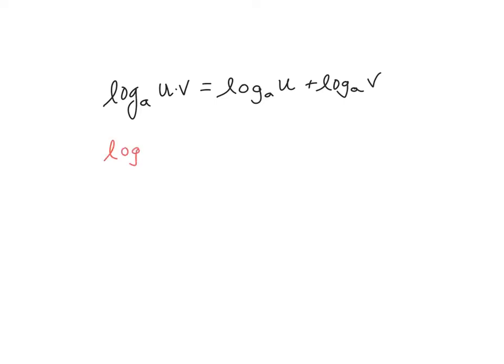Then we have the quotient property, where we have the quotient in an argument of a log right here. And we can split that as well into two logs, but instead we are subtracting those two logs, and it does matter. The numerator has to be in the first log, and the denominator has to be in the log that we are subtracting.